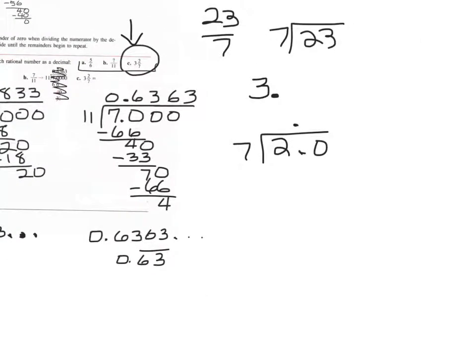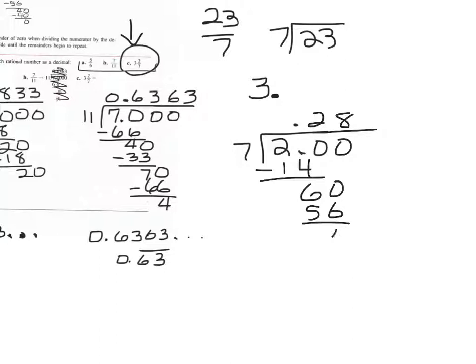So 7 doesn't go into the 2, but it'll go into 20 2 times. 14, subtract, and we get it'll go in here 6, bring down the 0, and then it'll go 8 times, subtract, bring down, we don't have a pattern yet, it'll go in 5 times, no pattern yet, got to keep going.